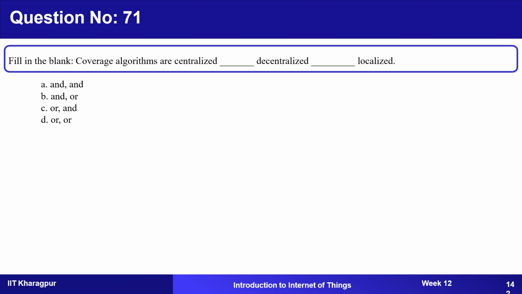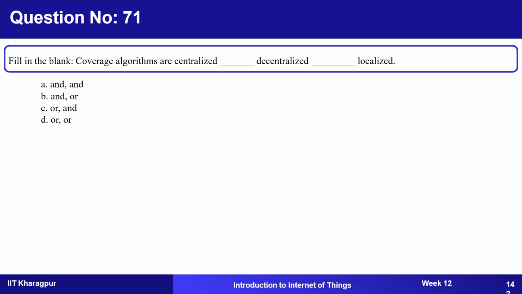Next question, fill in the blank. Coverage algorithms are centralized blank, decentralized blank, localized. Options are and, or, and, or. A, ma'am. C. Okay.